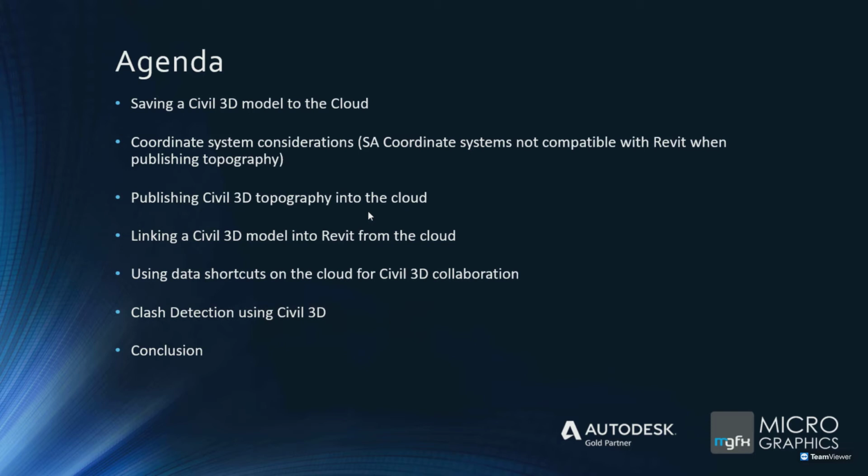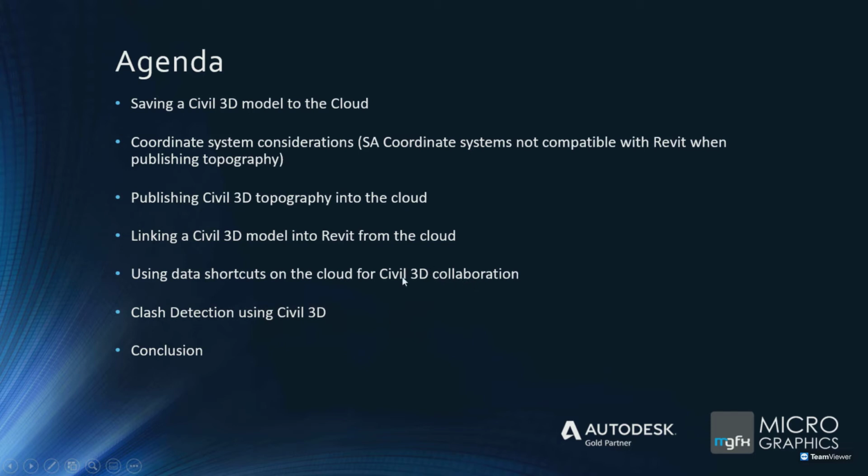Then we can also use data shortcuts to save that onto the cloud, and that really is the essence of the collaboration part, the co-authoring part that's available within Civil 3D. Just like on a normal plan, we can use the same workflow on the cloud. So for those of us that would think that you can have a Civil 3D file and have more than one person working on that file at the same time, that is not possible.